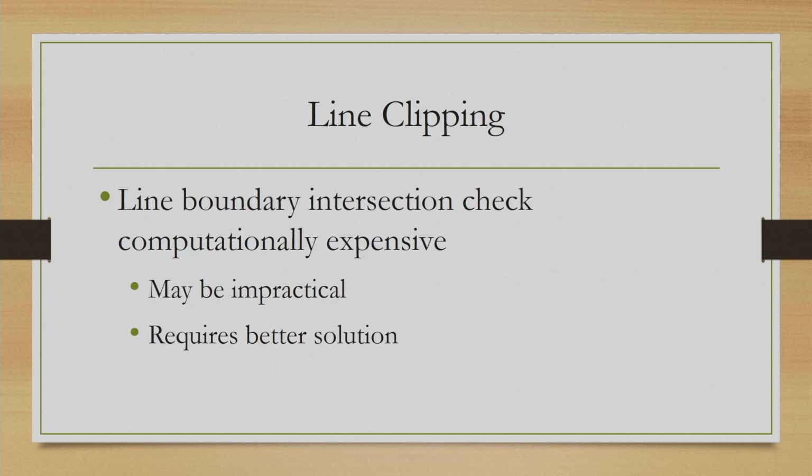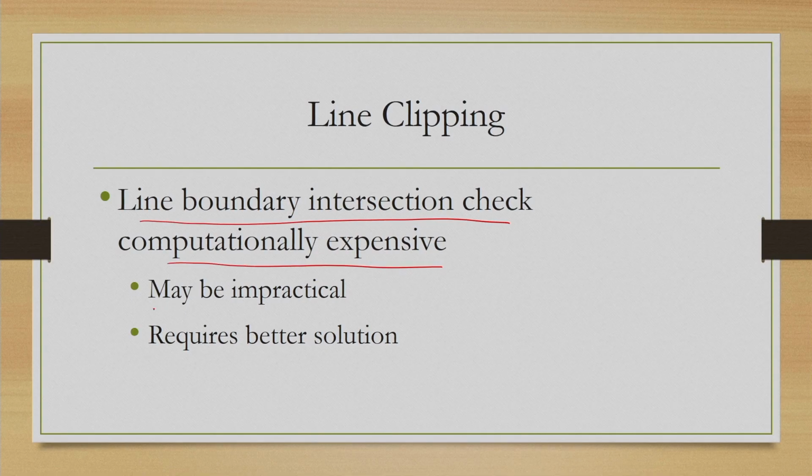Now, these intersection checks are computationally expensive because they involve floating point operations, and in practical applications every change of screen involves a large number of such intersection checks, which may slow down the overall rendering process, and it may even turn out to be impractical. So, we require some alternative, some better solution.